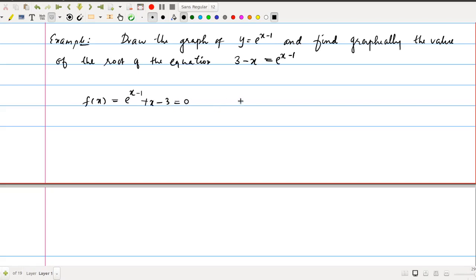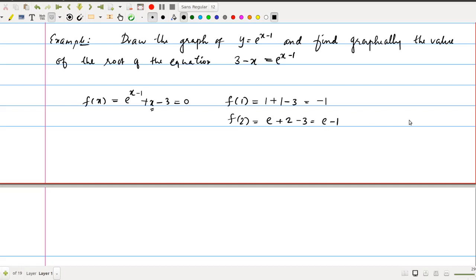So first you find out the values f of 1 equal to, if you put x equal to 1 here, then 1 minus 1 is 0, e raised to 0 is 1, and by putting x equal to 1 here, then plus 1 minus 3, so this will be minus 1. Okay, and if you evaluate f of 2, what is f of 2? That should be e to the power 2 minus 1 plus 2 minus 3. Okay, that is e minus 2.